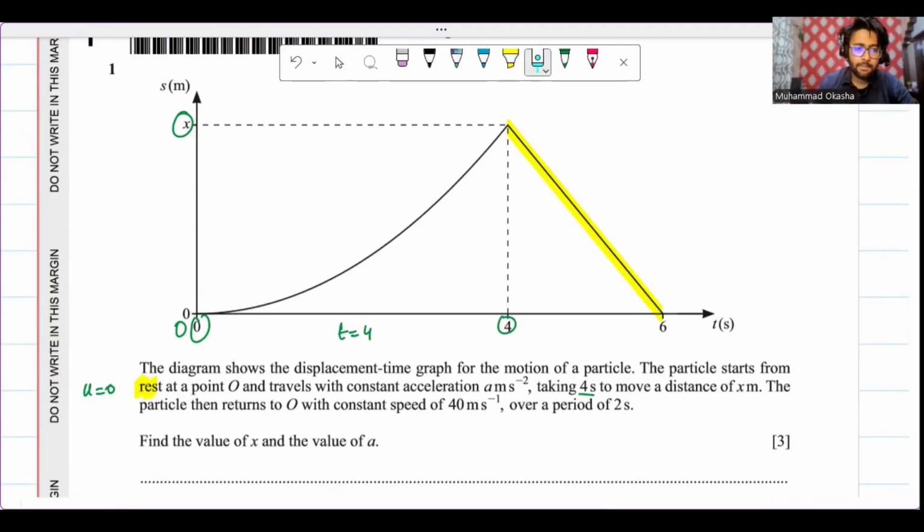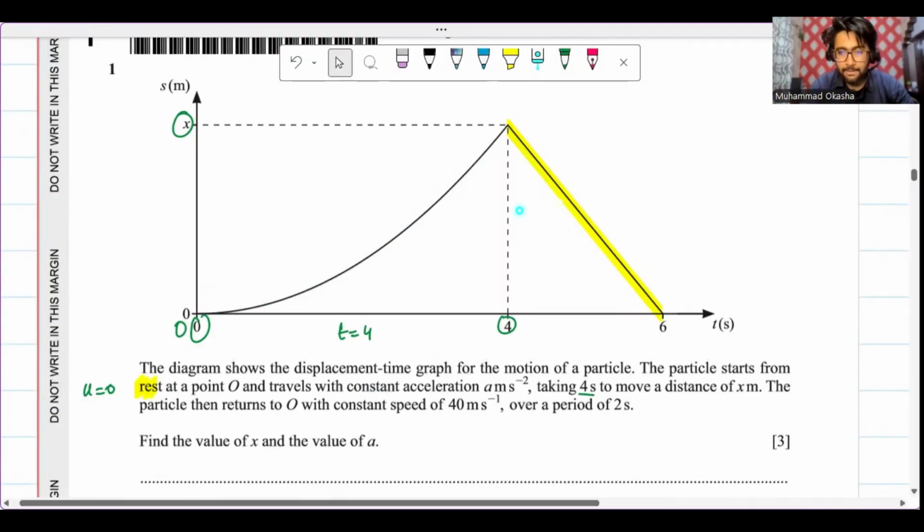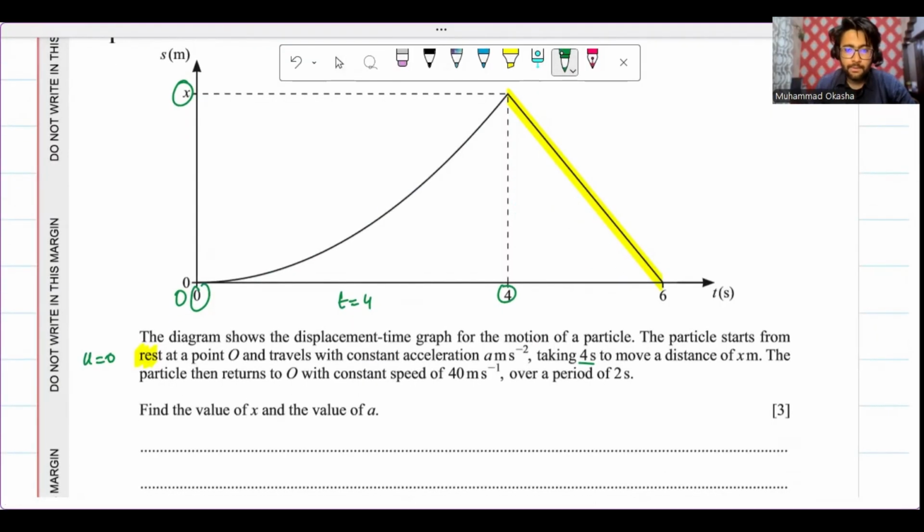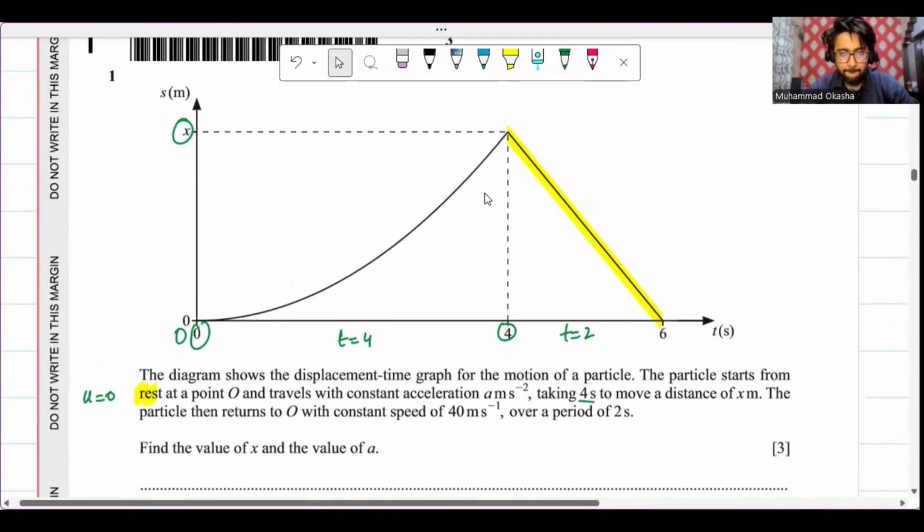In this part, the speed is not constant because the body is accelerating. In this part, the speed is constant because the body is not accelerating. Over a period of 2 seconds, find the value of x and the value of a.